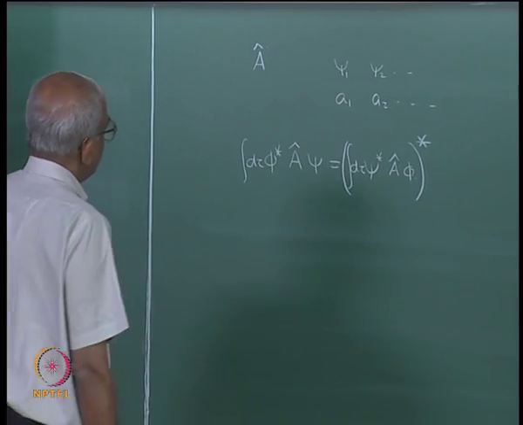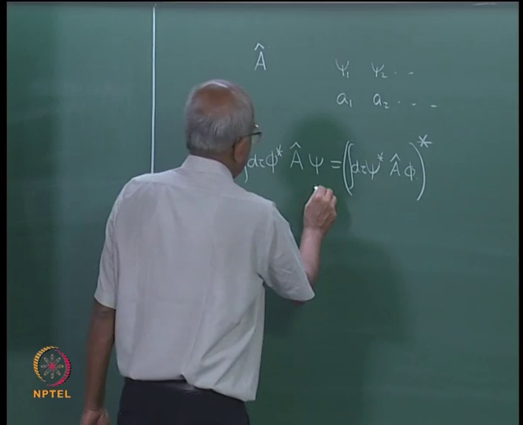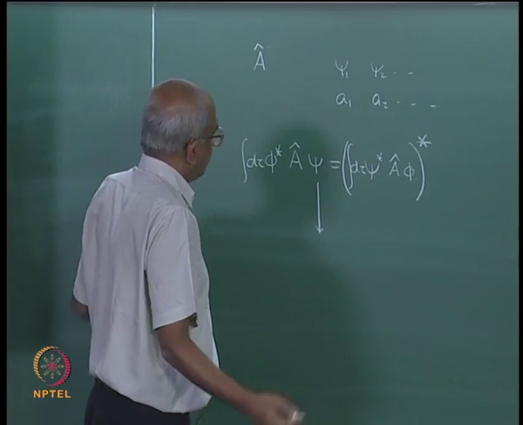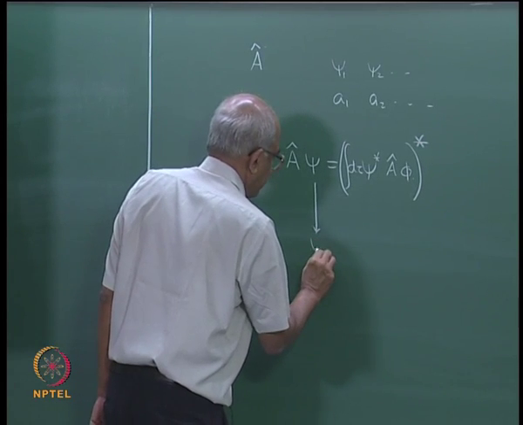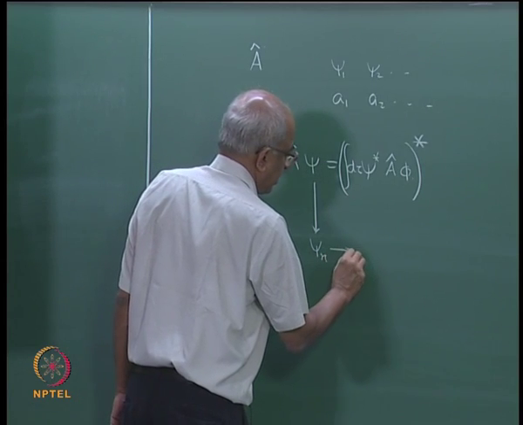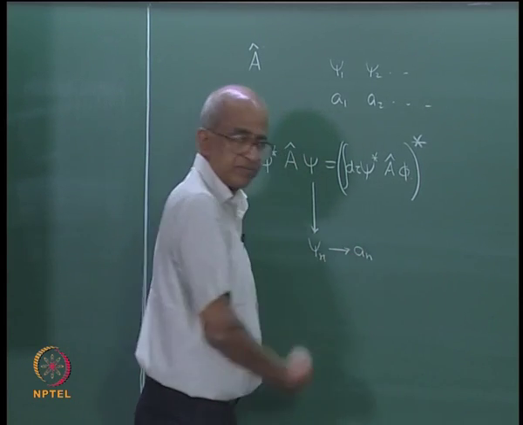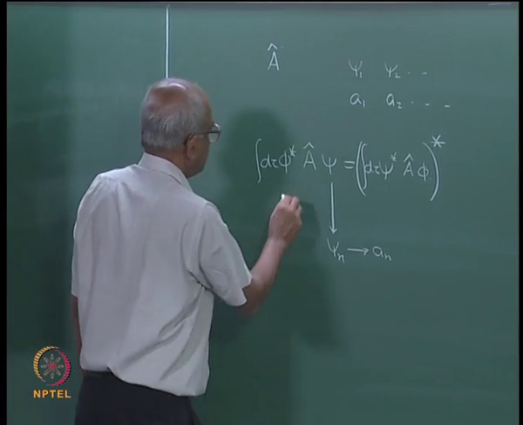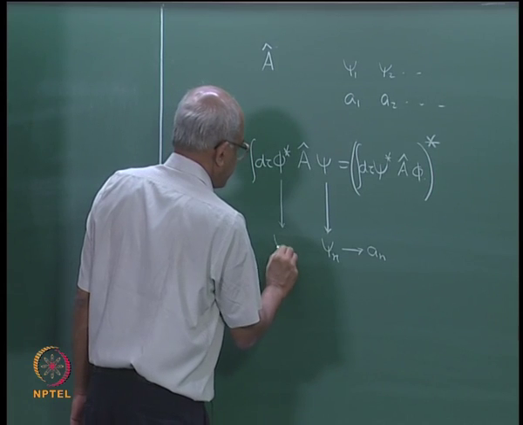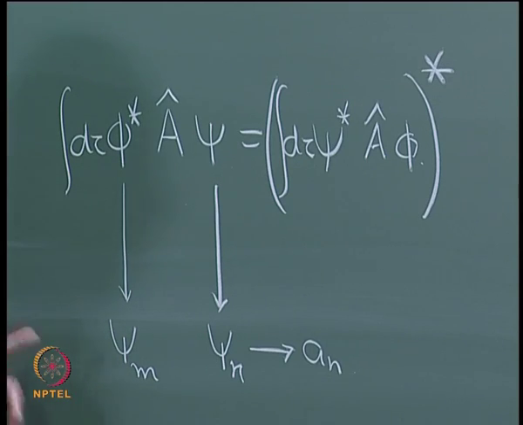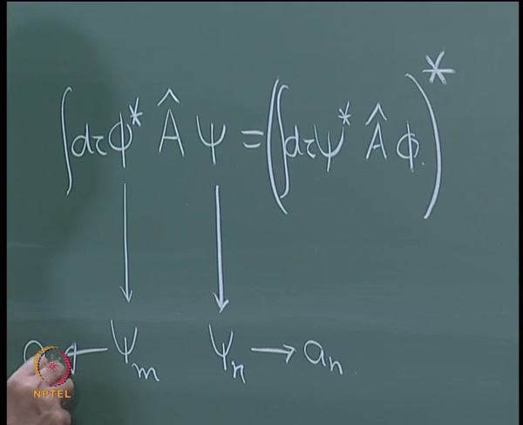So, now what we will do is imagine that this psi is one of these eigenfunctions. Let us say it is the nth eigenfunction, psi n, having an eigenvalue a n, and phi I will choose to be the mth eigenfunction, psi m, having an eigenvalue which we will denote as a m.